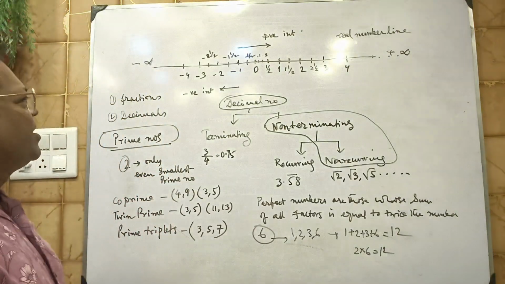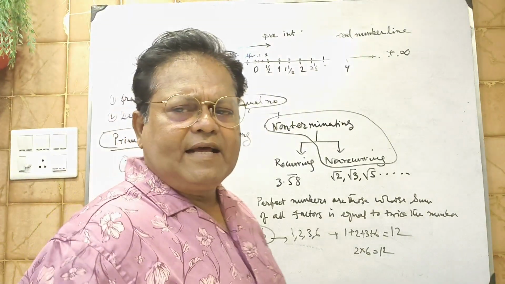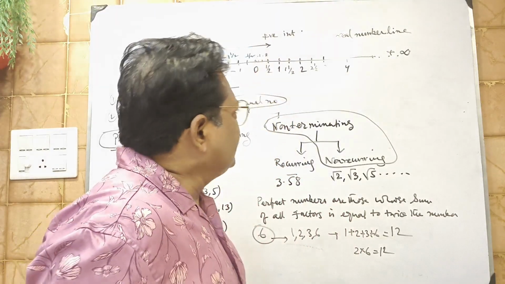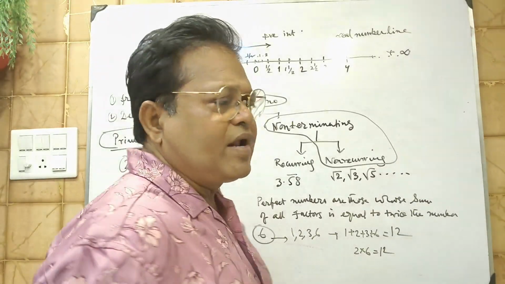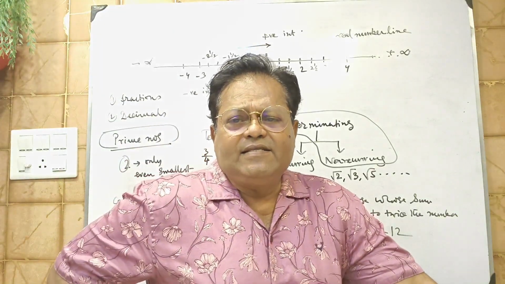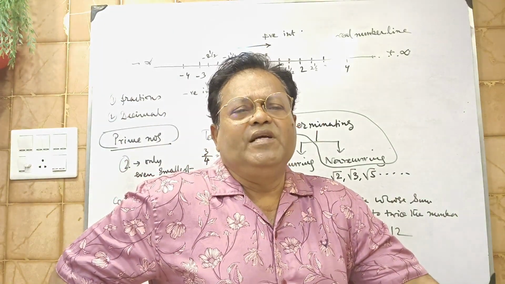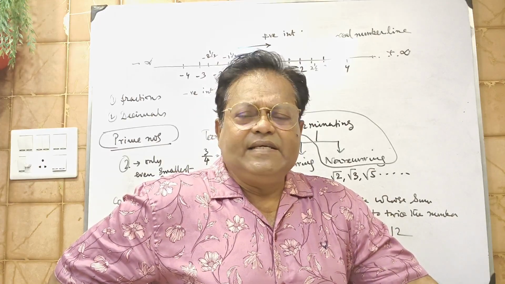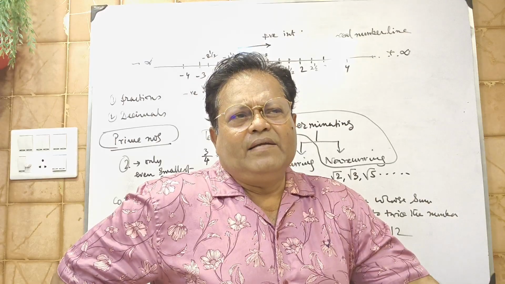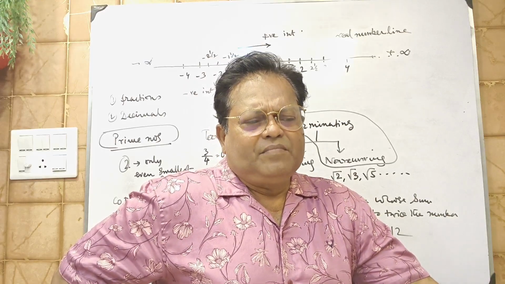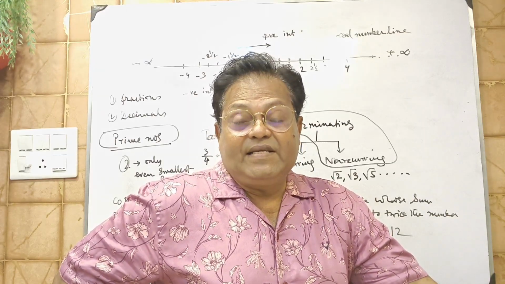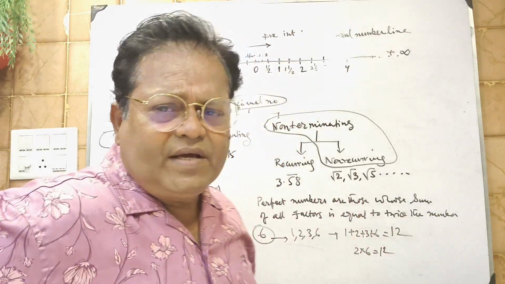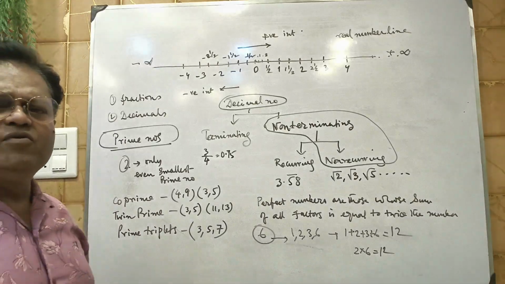So I have given some idea about rational numbers to some extent. Next time I will discuss more about irrational numbers, rationalization of the denominator, and how irrational numbers are placed in ascending and descending order. Up to this today, you will see this if you want.